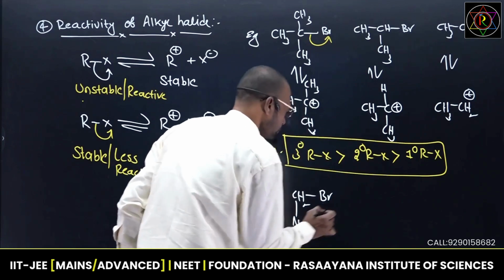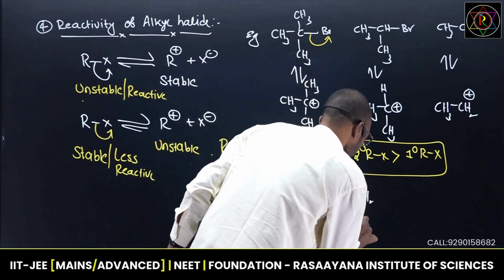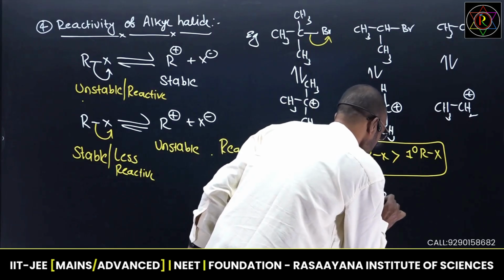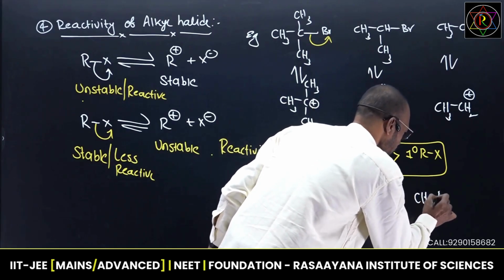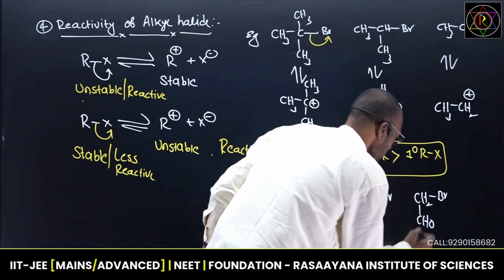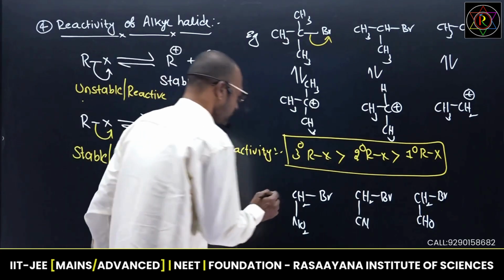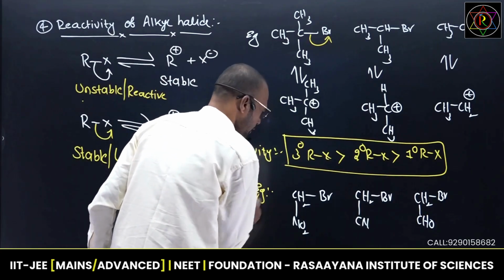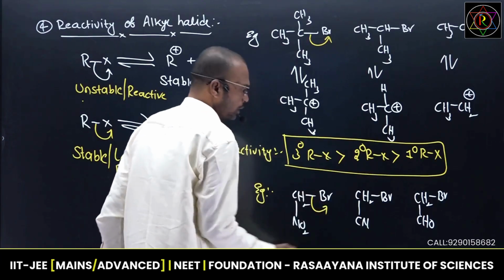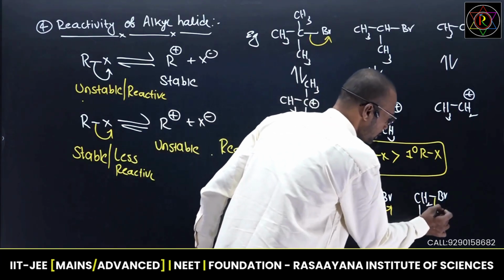Suppose one halogen is attached to 3 different groups here. Here I am writing nitro, then I am writing cyano, and here bromine is present, then I am writing aldehyde group. Now can you say which bond can be broken very easily? In this particular case, if you want to say the reactivity order, first remove the halogen and think about cation stability in your mind.